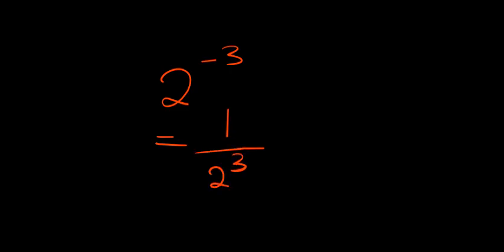That is very important. But if I've got 2 to the power negative 3, because I've got a negative, it becomes a 1 over, so I'm going to have 1 over 2 to the power 3. 2 multiplied by 2 multiplied by 2 gives us an 8. So that's how we solve this one.